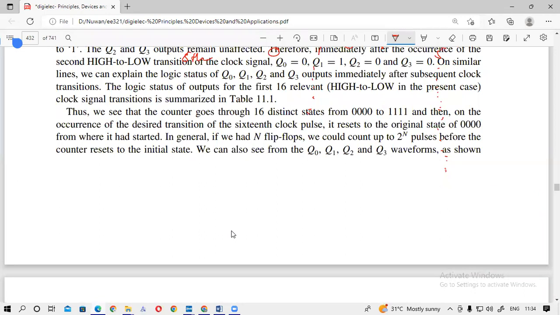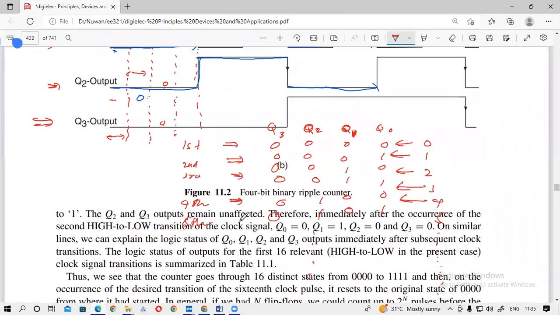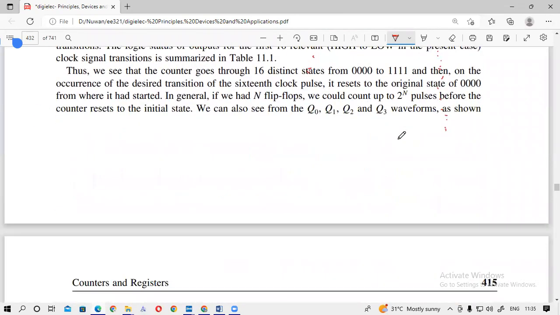Can anyone tell what the last value is? It's increasing. Is it 16? It will be 1, 1, 1, 1.